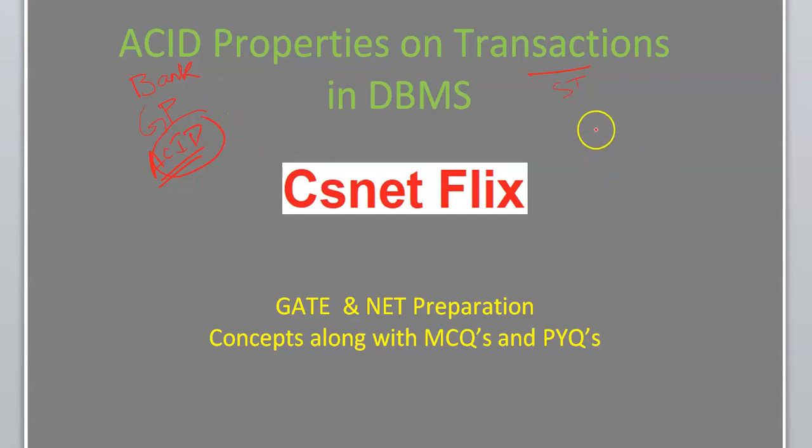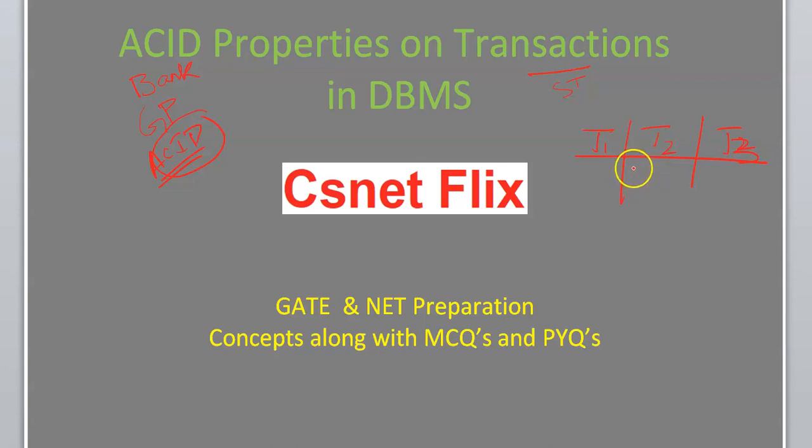And definitely when there is more than one transaction operating, which we call concurrent transactions, executing at a particular time, there will be issues that will arise. We call these concurrency issues, and we'll see the types of issues in the upcoming videos.